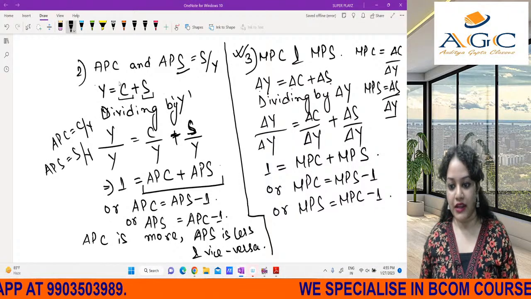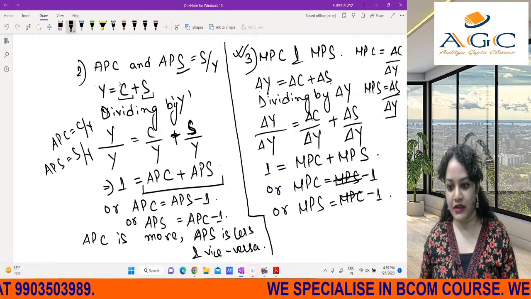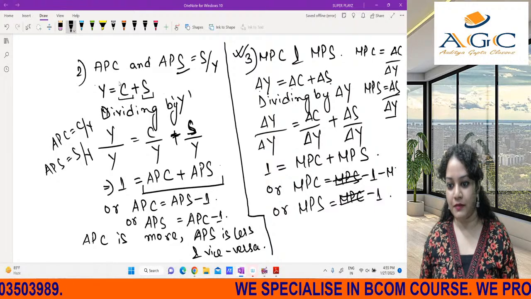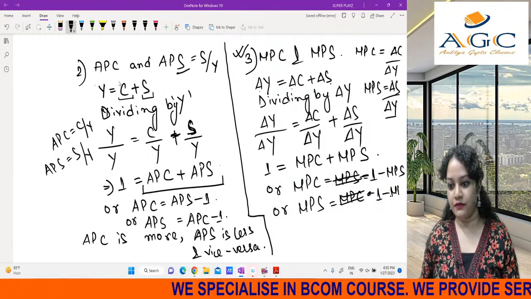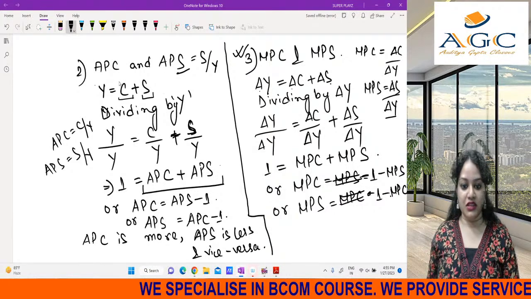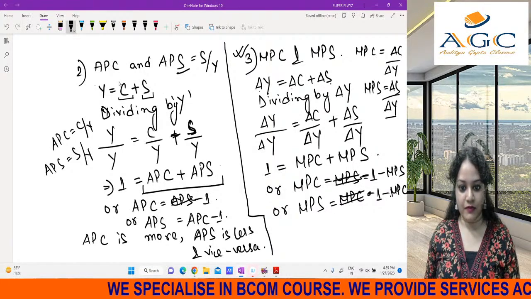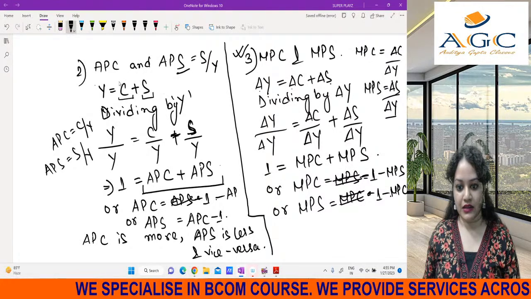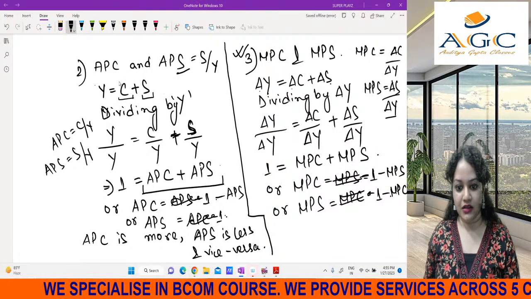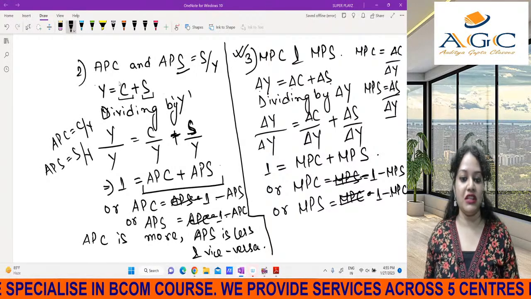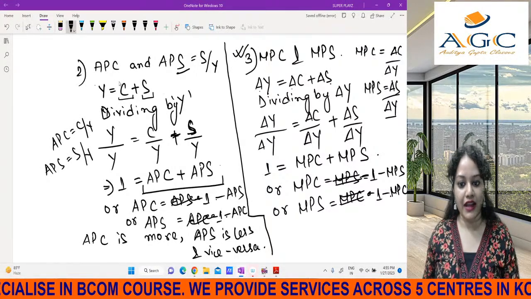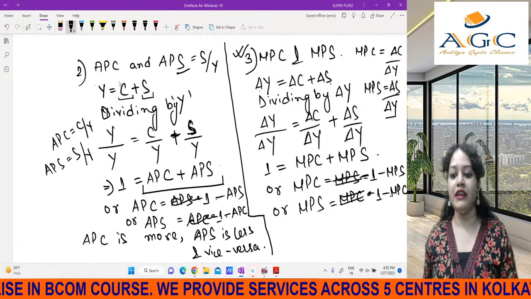Or actually it would be, sorry, a bit error. 1 minus MPS. Same for this one as well. It would be 1 minus APS and 1 minus APC. You're basically changing just the sides, so according to that you have to do, right?